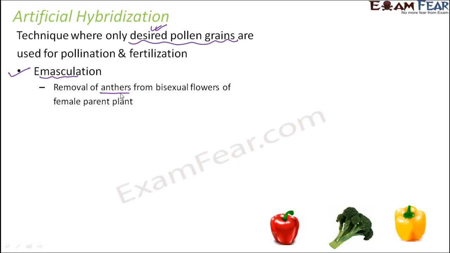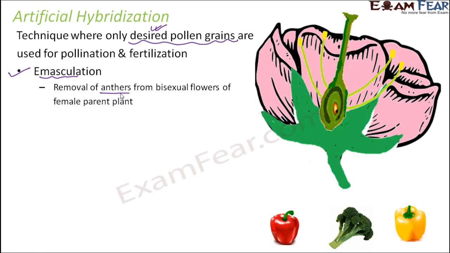In that case, the possibility of self-pollination will be removed. Let us suppose you have a bisexual flower where you have the male reproductive organ, you also have the female reproductive organ. So there are chances that breeding, fertilization or pollination will happen within the same flower. So self-pollination can take place because both are there on the same flower.